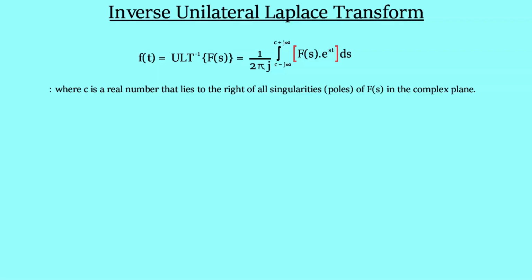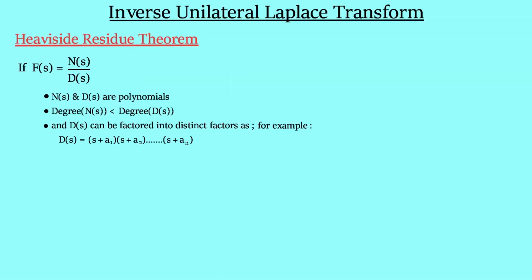As we have seen in the previous lecture, we have some basic signals and their Laplace transforms. By using them along with the properties which we have discussed, and doing a little bit of modification, we are generally able to find the inverse Laplace transform with the help of the Heaviside residue theorem.